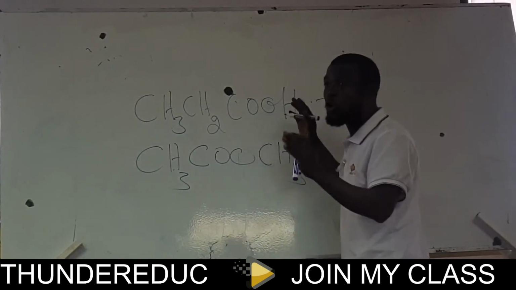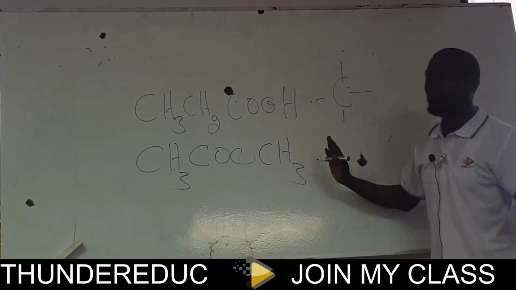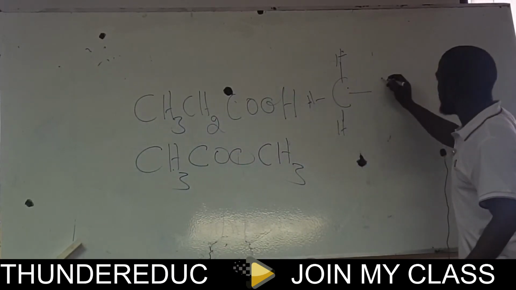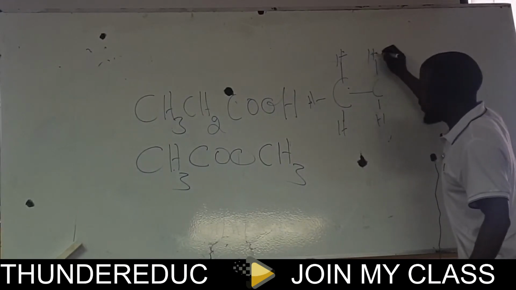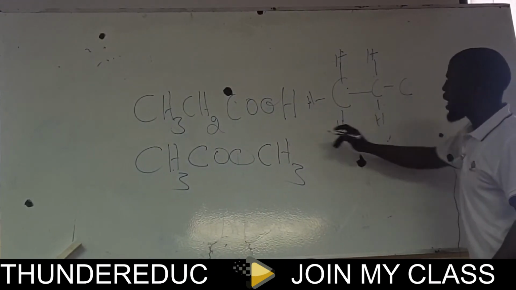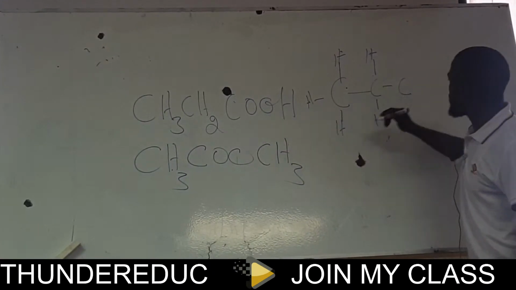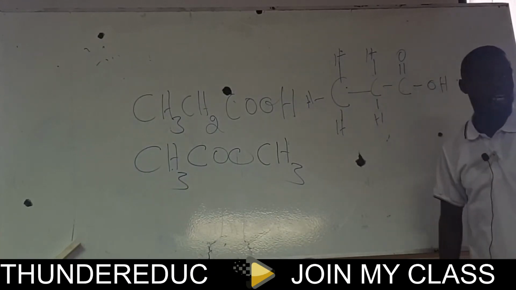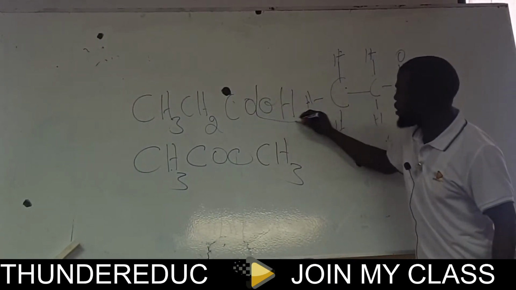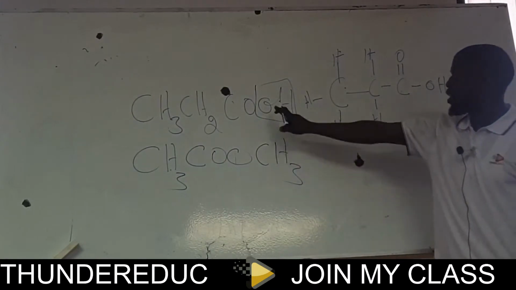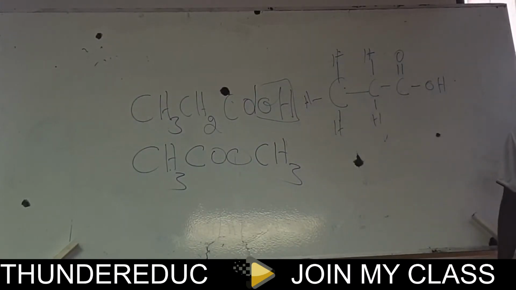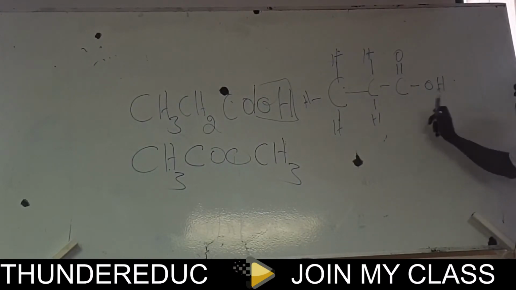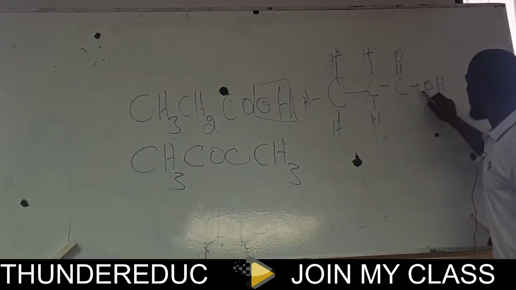If you exceed 4 or have less than 4, it's wrong. CH3 has 3 bonds to hydrogen plus 1 more. The oxygen has a double bond to the carbon. Each carbon has 1, 2, 3, 4.